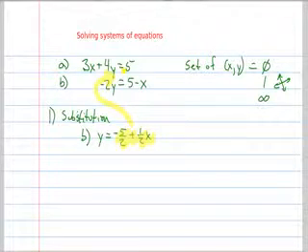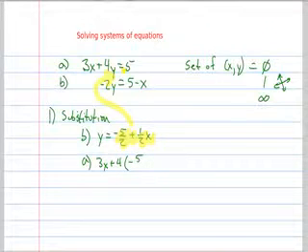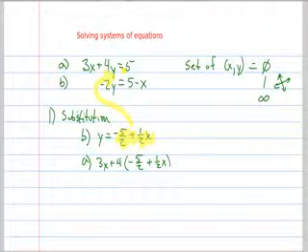Okay, that's what we're going to do. So I'm going to take equation A, and I'm going to say 3x plus 4 times (-5/2 plus 1/2 x) is equal to 5.